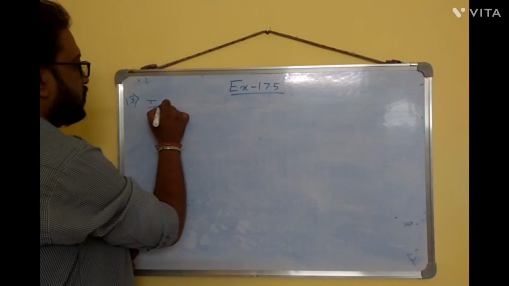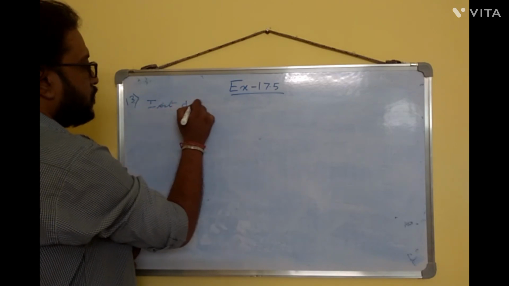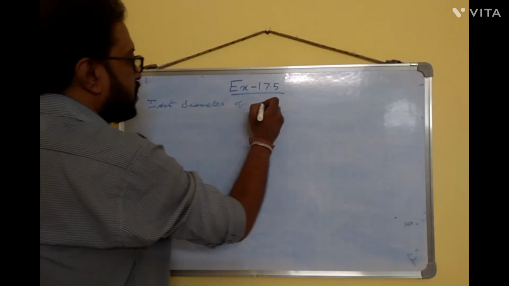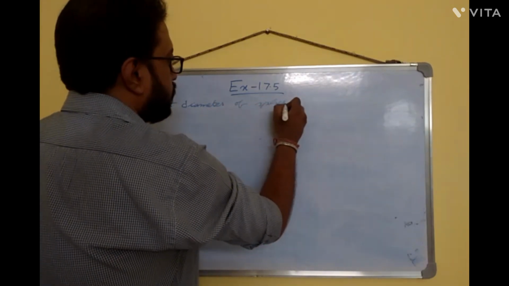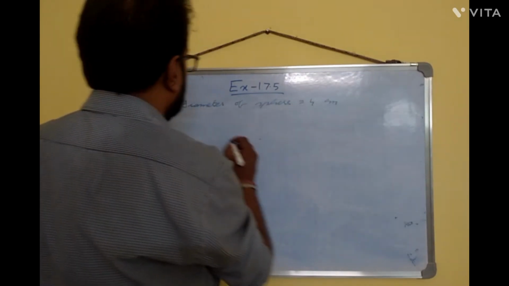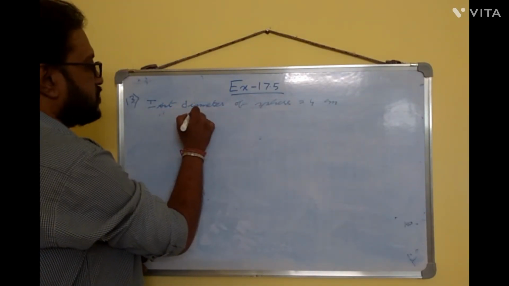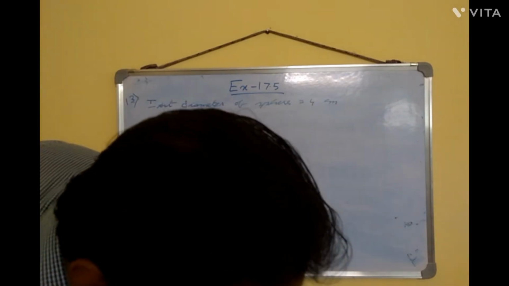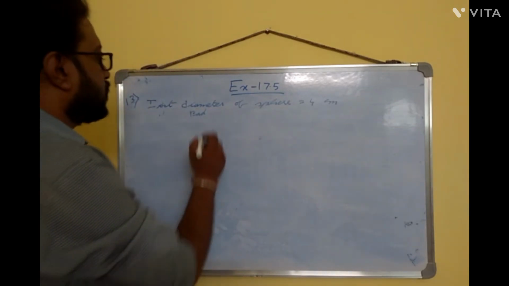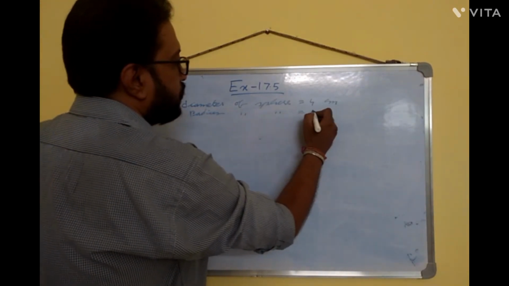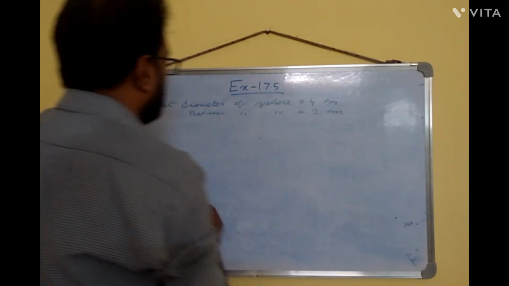Internal diameter of sphere equal to 4 centimeter. So internal radius of sphere will be 2 centimeter.